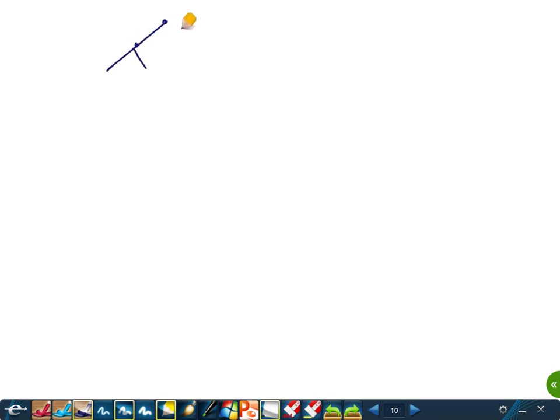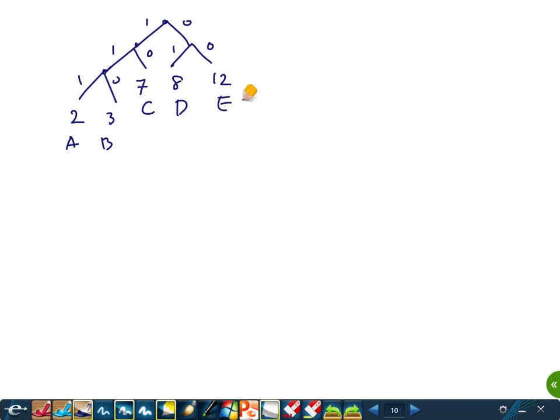The tree: 2, 3, 7, 8, 12, right? 1, 1, 1, 0, 0, 0, 1, 0. So this is A, B, is it A, B, C, D, E? I think so, right? Oh yeah, we don't need this anymore, by the way. The letters, the frequencies, we don't need. So this is the Huffman code that we got.